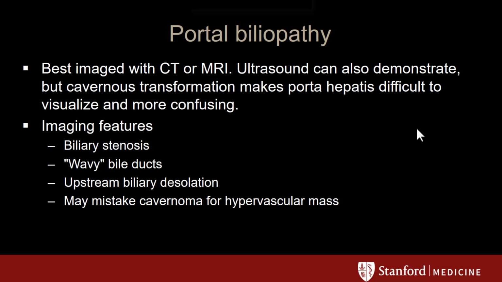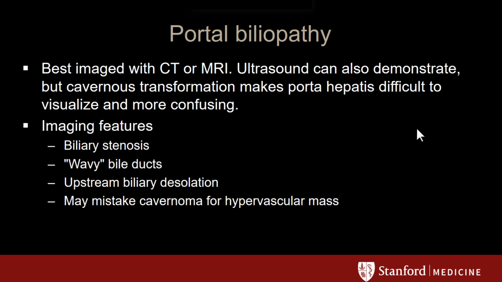And on endoscopic ultrasound, you would also see all of this, these tortuous vessels, and that's why we use color Doppler, because you could mistake these for a mass, and you wouldn't, of course, want to stick a needle in these vessels.